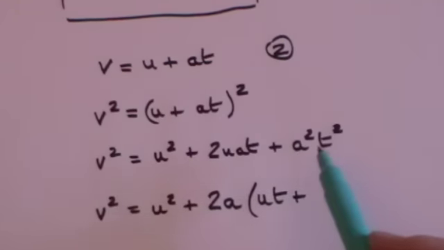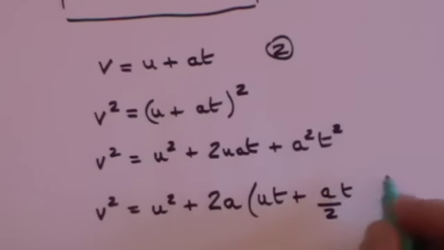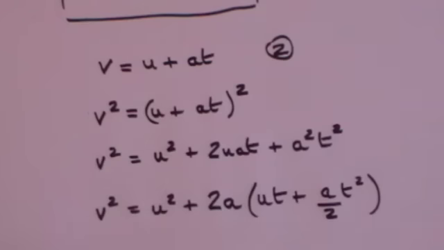Plus, now if I take 2a out of this, well I can't because there's only one a, so I shall be left with an a over 2 times t squared. Because when I multiply 2a by ut, I get 2uat. And when I multiply 2a by at squared over 2, the 2s will cancel, a times a is a squared, and here's the t squared.